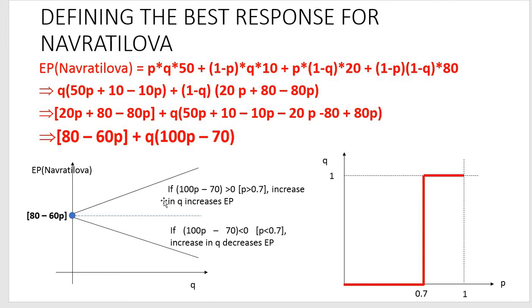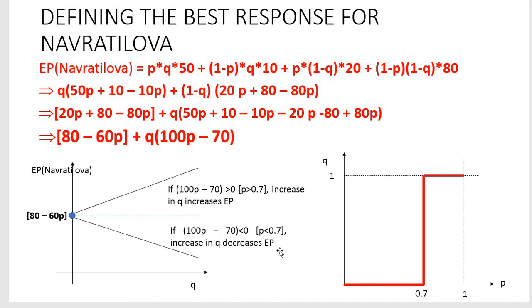Analogously, if 100p minus 70 takes a positive value, meaning that p exceeds 0.7, then any increase in q increases expected payoff for Navratilova. If 100p minus 70 takes a negative value, meaning that p is below 0.7, any increase in q results in a decrease in expected value for Navratilova.